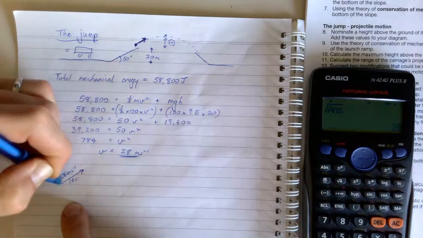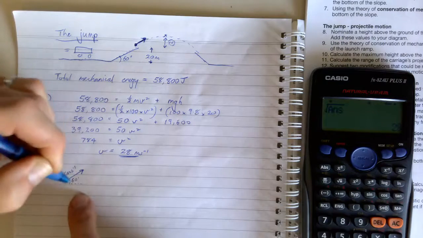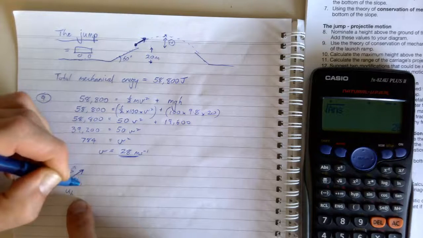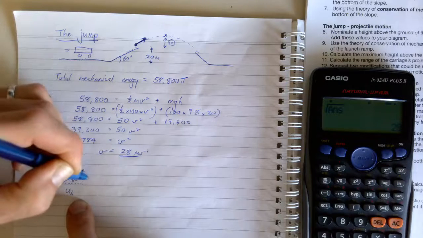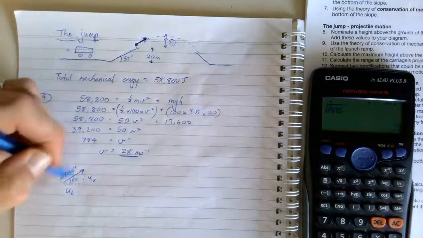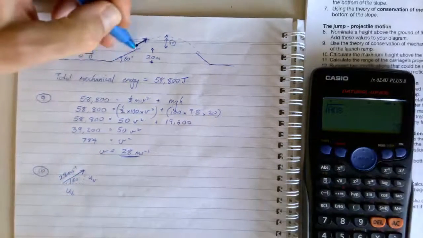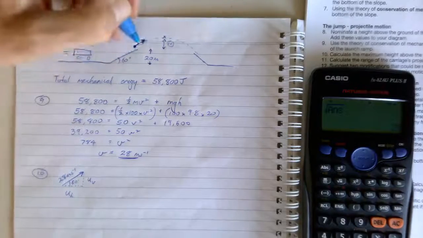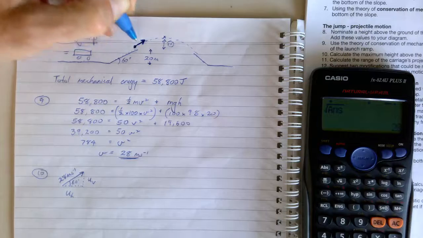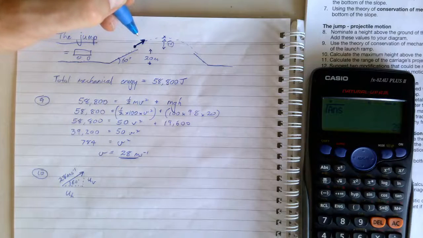So this velocity will have a horizontal component, our initial horizontal, and it's going to have a vertical component because it's on an angle. So this vector is not my ramp here. This vector is the velocity vector for my roller coaster coming off the tip of my ramp.